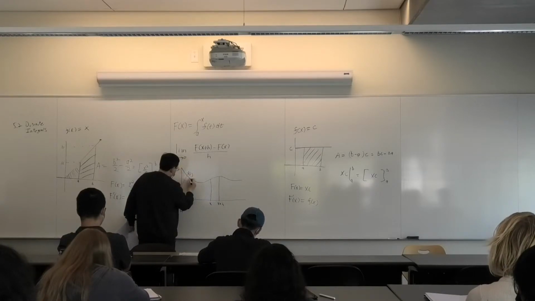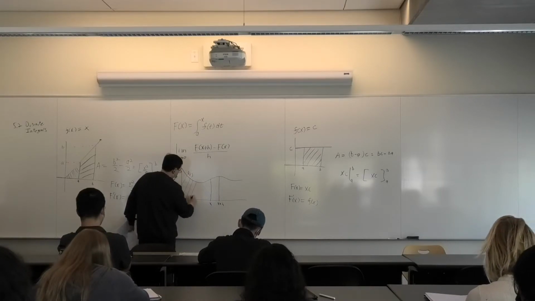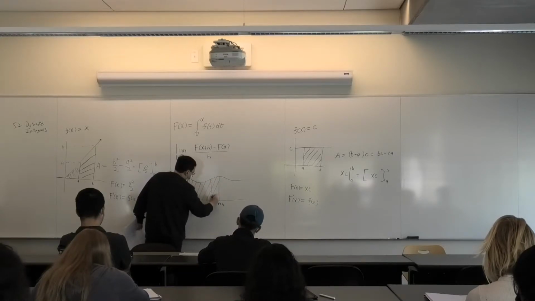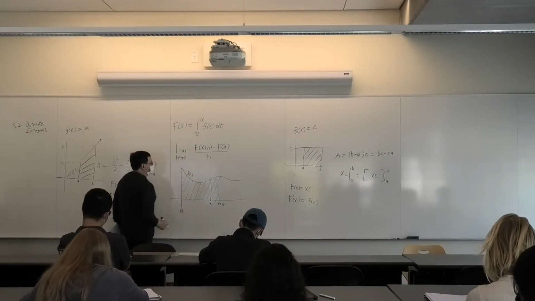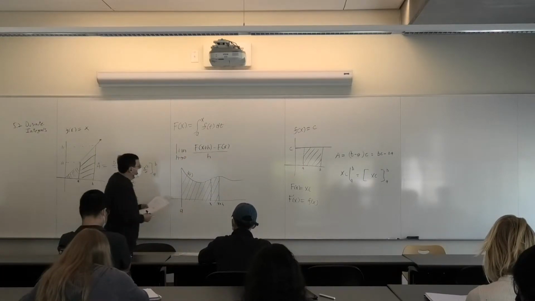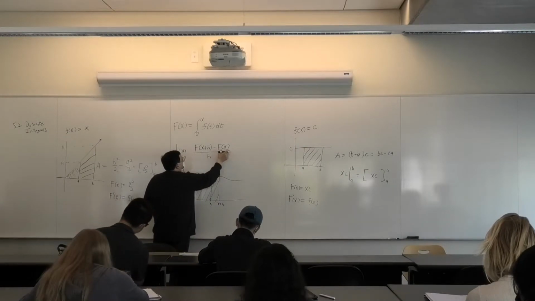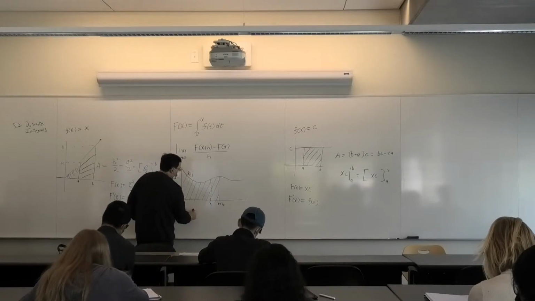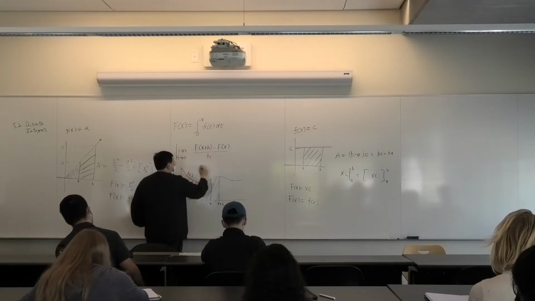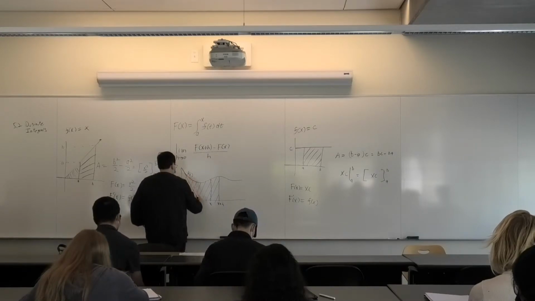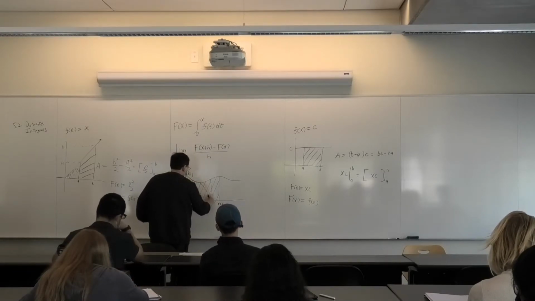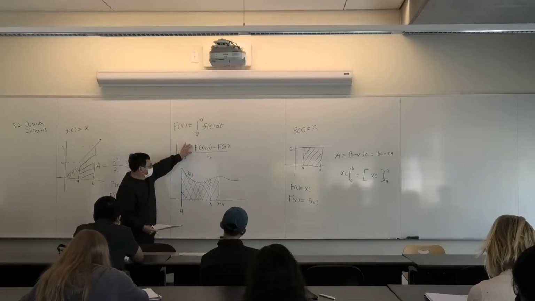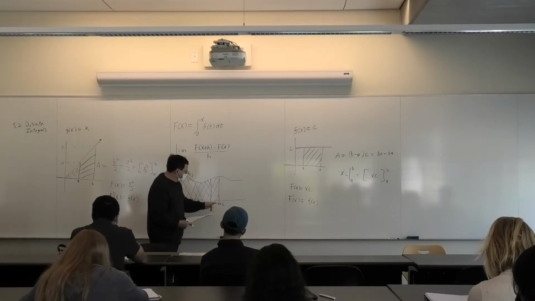So I'm just going to kind of draw it in this way. That's what this piece is. F of x, on the other hand, is just the area under this curve from a to x, which we're subtracting. So that's this area here. So what we have on top of this fraction is just the area between x and x plus h.